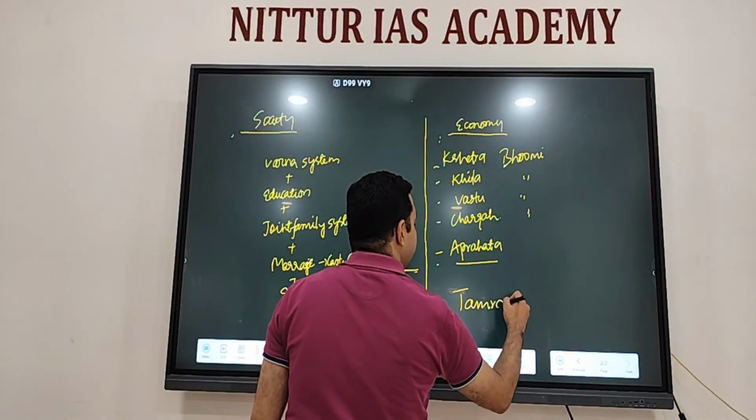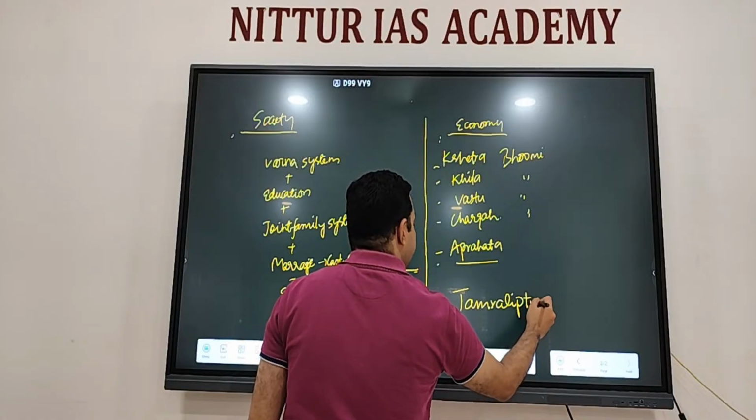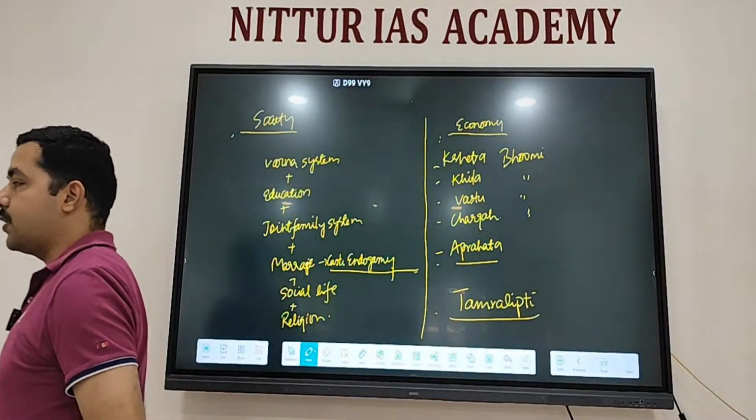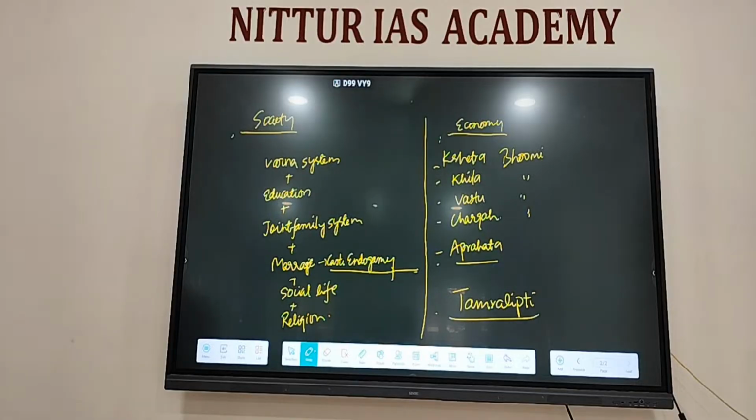Tamralipti is now modern day Tamluk in East Medinipur district, near Haldia. And the Prayag region is in Eastern UP.